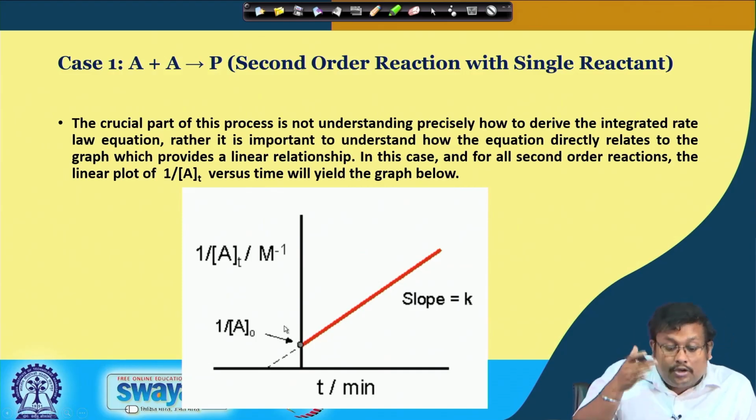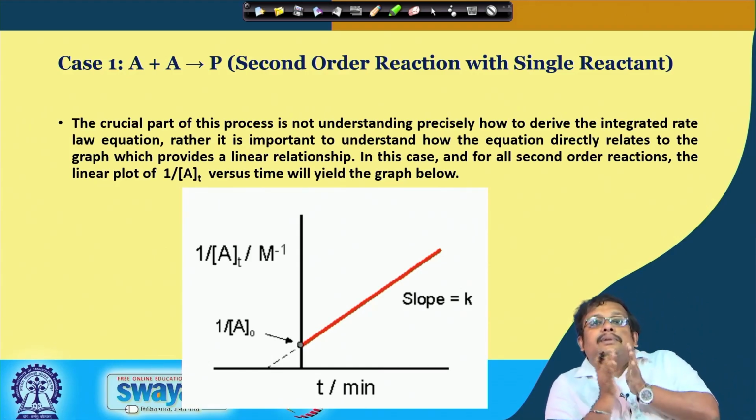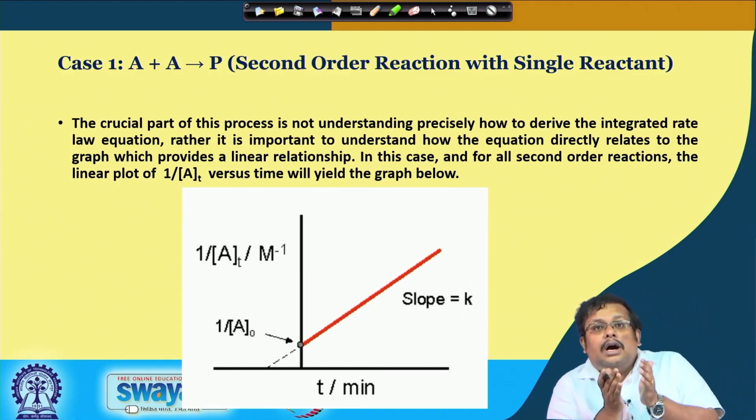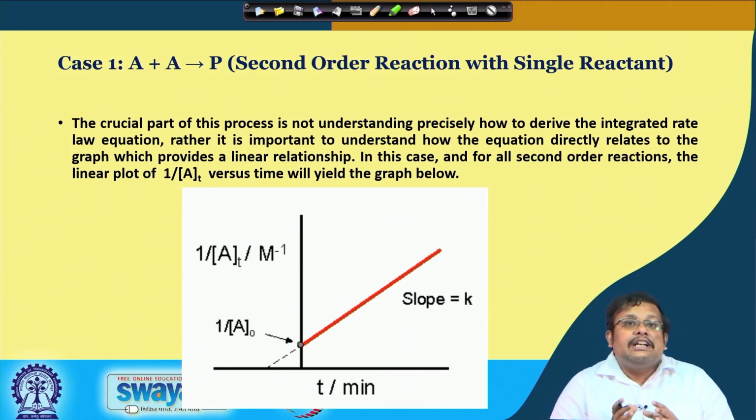So, the crucial part of this process is not understanding precisely how to derive the integrated rate law equation. Rather, it is important to understand how the equation directly relates to the graph, which provides a linear relationship.